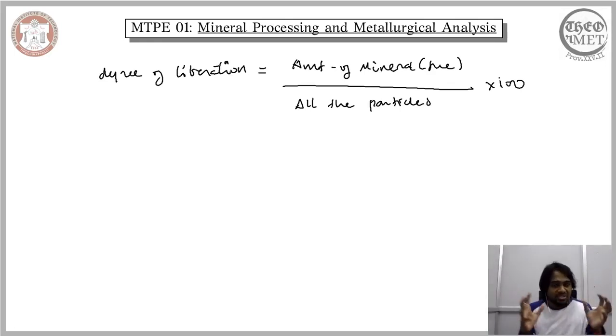So in plants such as these, the processing happens in a separate arena and the extraction happens in a separate arena. So you need to transport your liberated or comminuted particles from one arena to another. It might be a distance of a few kilometers, so there should not be a loss of minerals during this transportation.